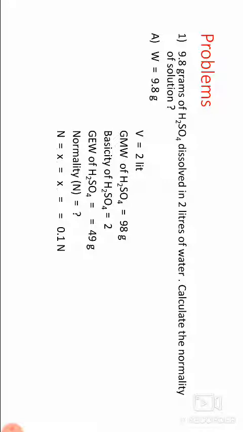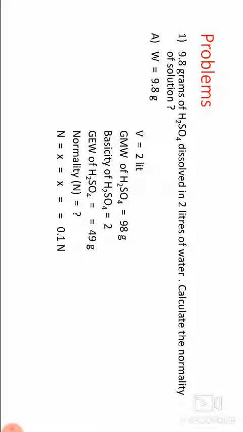In acetic acid, CH3COOH divides into H plus ion and CH3COO minus ion. One hydrogen H plus ion is present because its basicity is 1, so 60 by 1 equals 60.